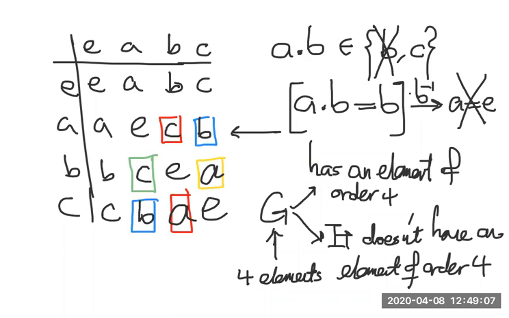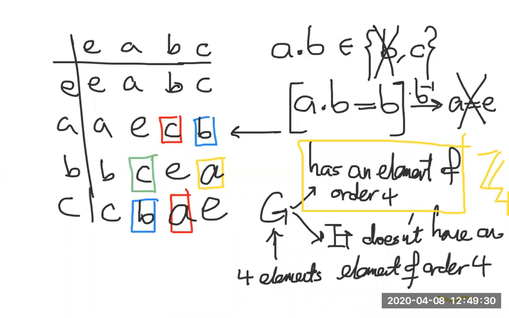As soon as we decide if G has an element of order 4 or not, everything is forced to us. So when I assume G has an element of order 4, there are no options anymore. There's just one group with 4 elements which has an element of order 4, and that's Z4.